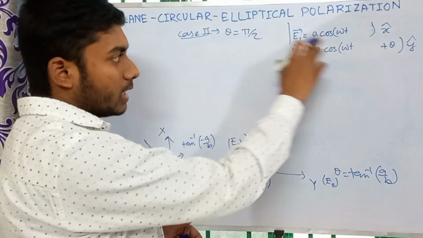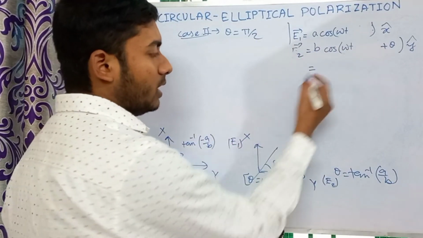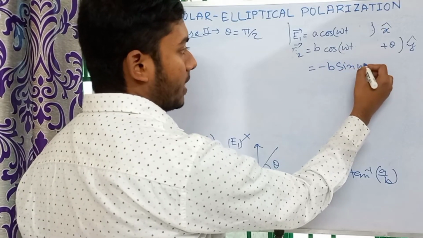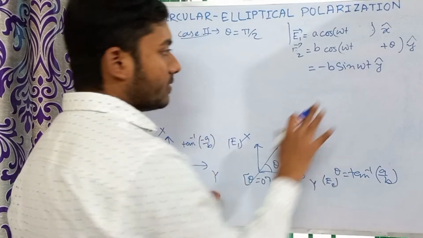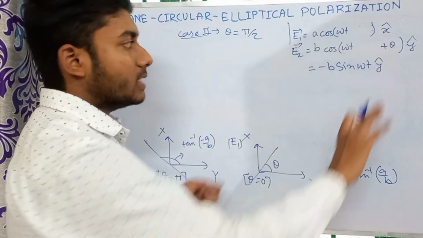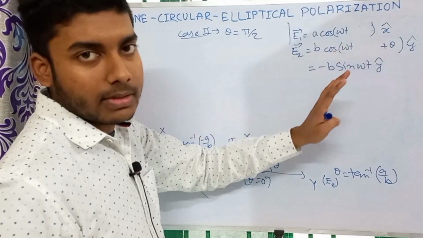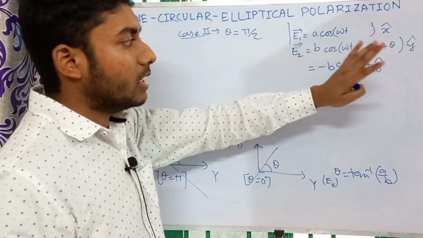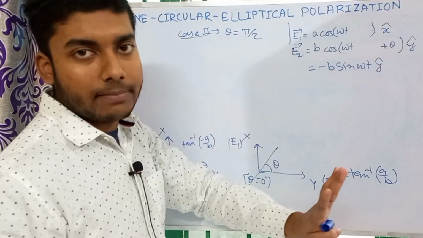If we put pi by 2 here, we get minus b sine omega t y cap. A noticeable thing is that I have arbitrarily chosen b cos of omega t plus theta, as we don't know what the theta sign will be, so I have just put a plus sign.